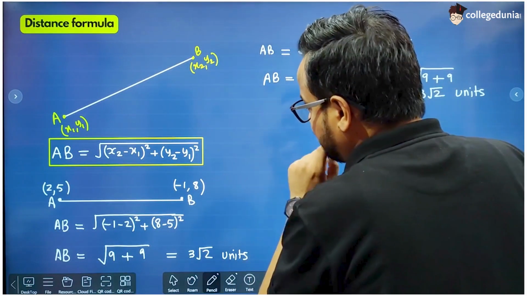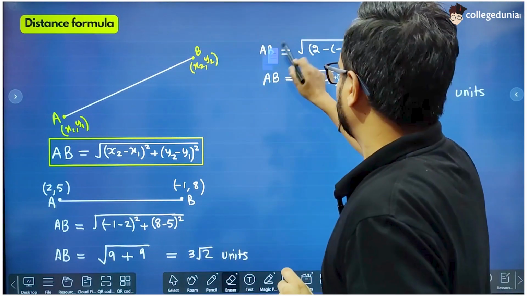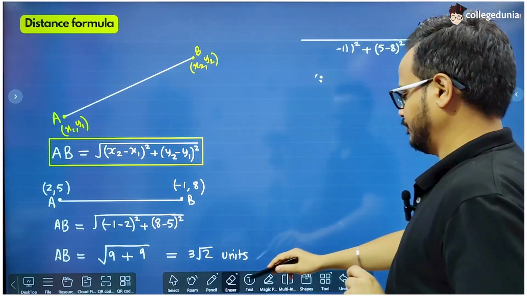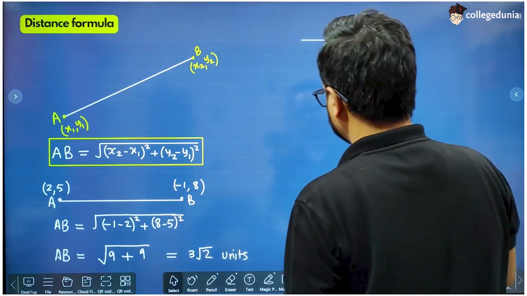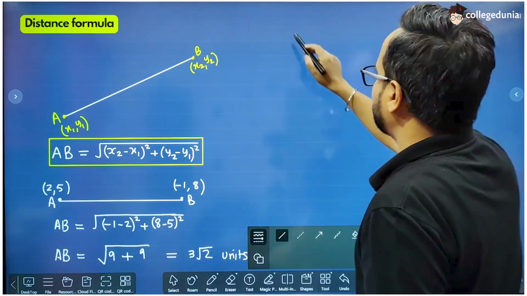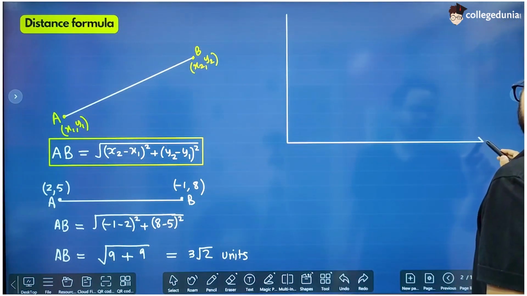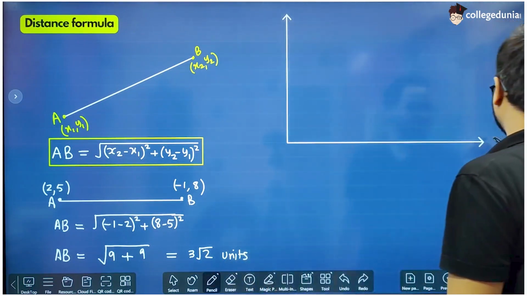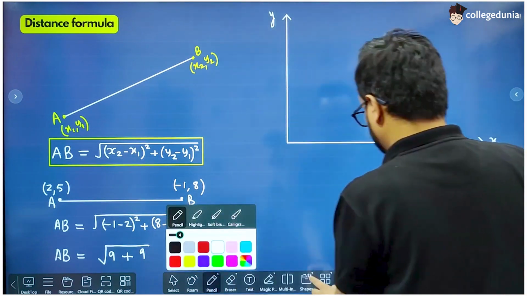Okay, so where did this formula come from? We will just derive where this formula came from. Now these are our x and y axis, and here we have 2 points.